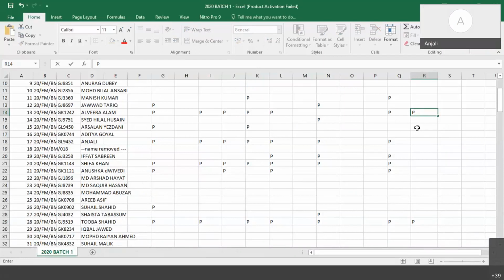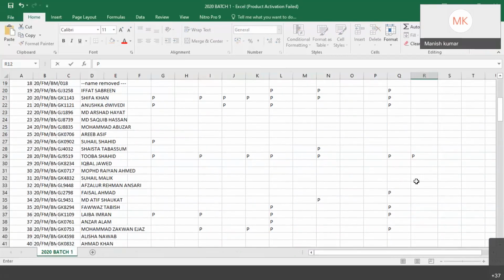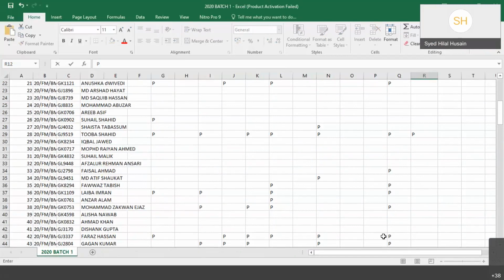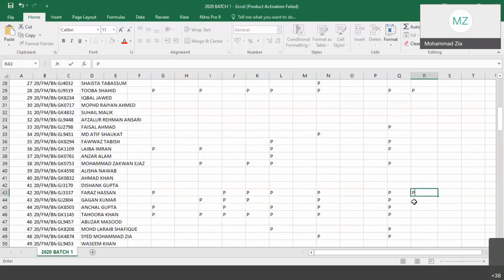Ma'am, 17, Anjali. Roll number 11. Ma'am, 42, Faraz Hassan. Just a minute, beta. Manish Kumar is 11. Faraz Hassan's roll number is 42. Ma'am, roll number 14, Sayyid Hilal. Ma'am, 48.